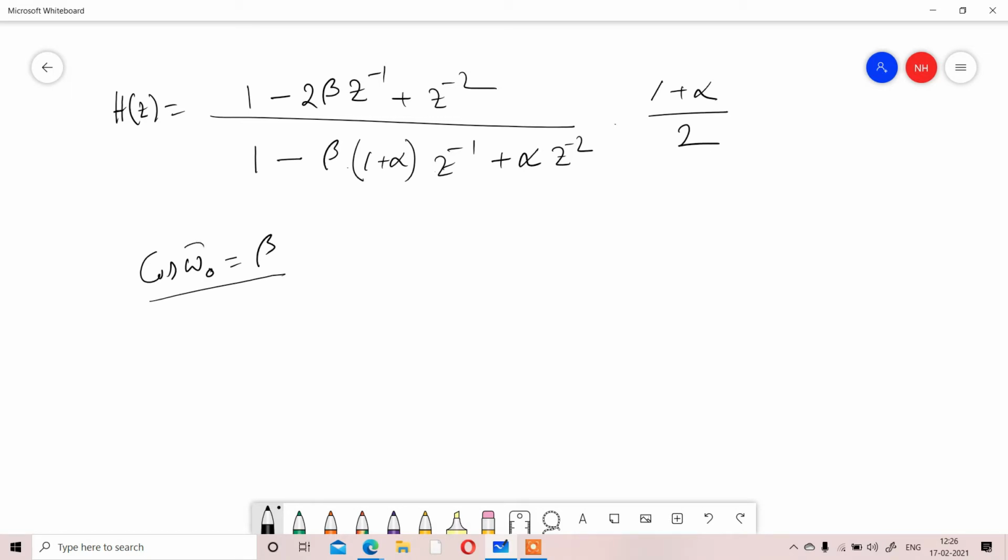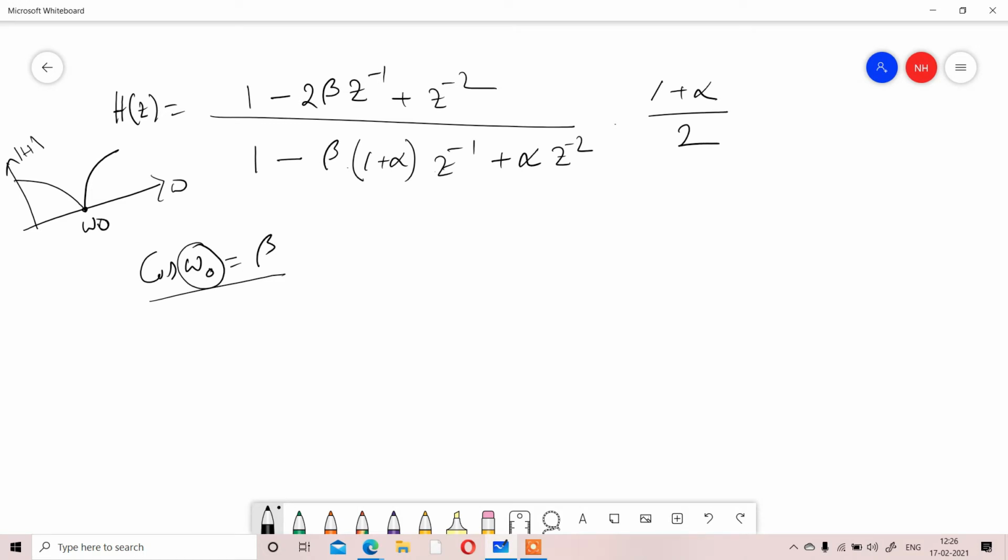What is omega naught? Omega naught is the frequency where you are getting the magnitude 0.